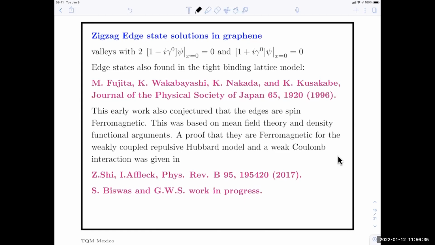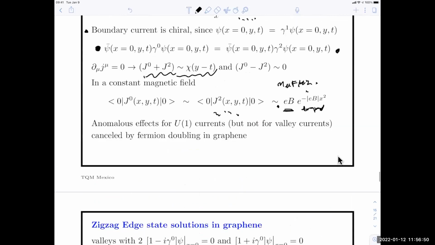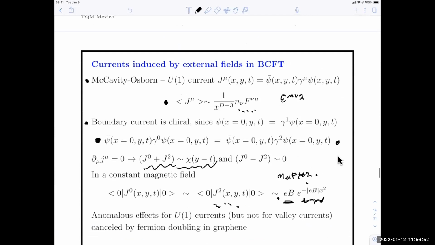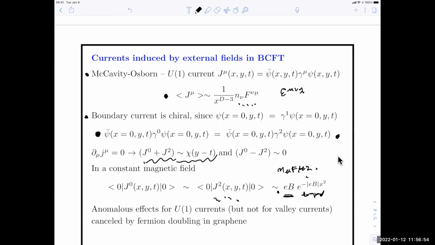And that's the... Can I ask a little short question? Sure. It's about what you just described. It looks like the chiral magnetic effect in 1+1 dimensions. Is that similar to that? A current induced by a magnetic field? Yeah, you have a good point, actually.